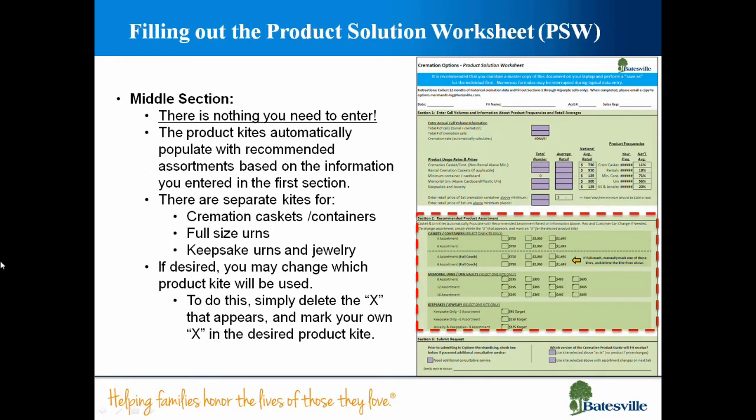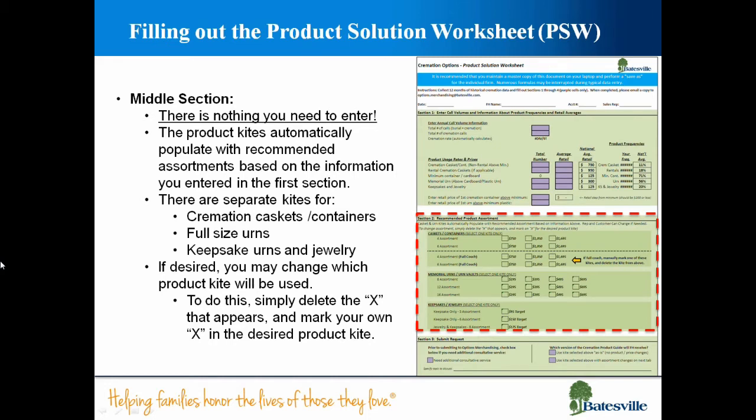In the middle section, you have nothing you need to enter. Based on the insight generated by what you capture from the account in the top section, the worksheet automatically calculates for you the recommended assortment for caskets and containers, for memorial urns, and for keepsakes and jewelry. The assortments will vary both in the average retail that it's trying to hit, as well as the number of units in the assortment.